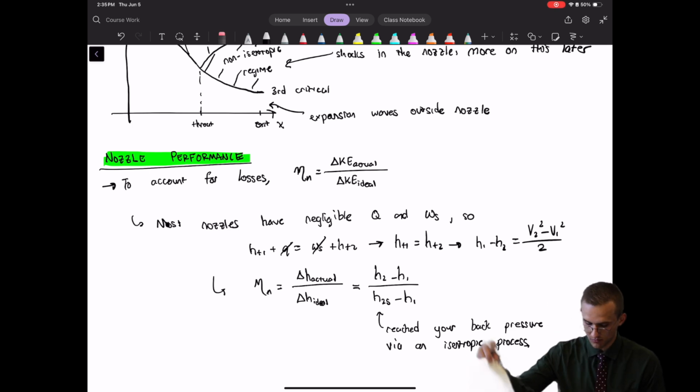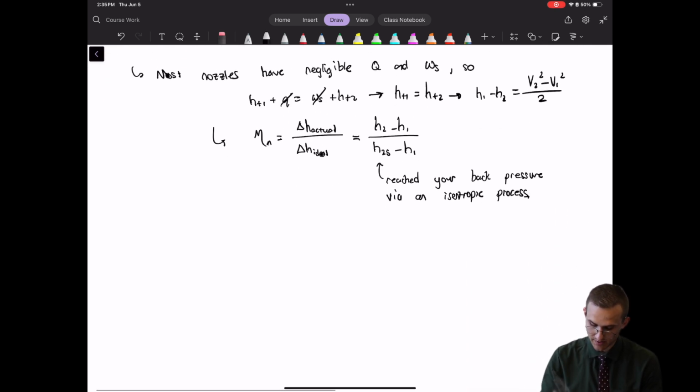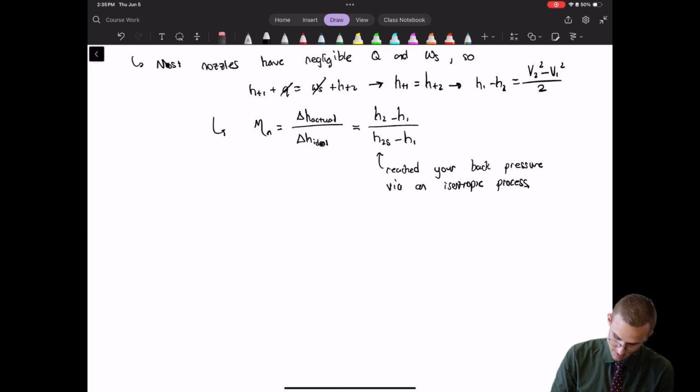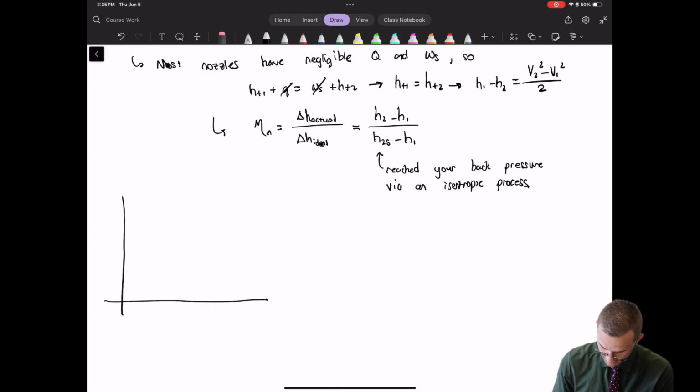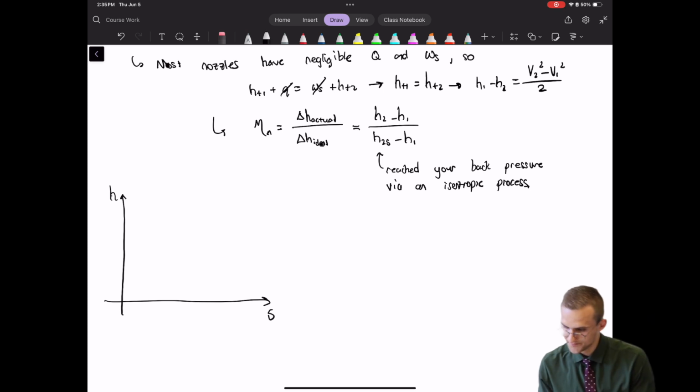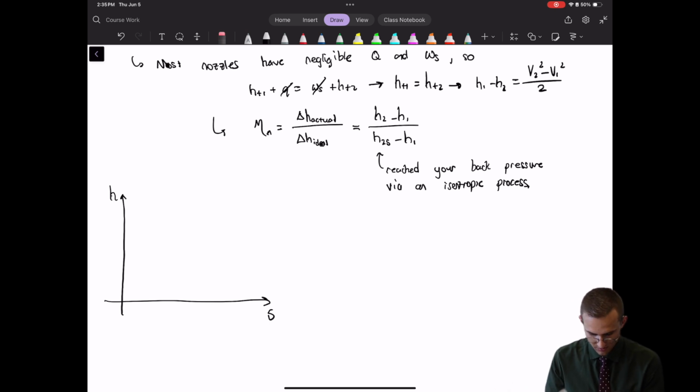Okay, so let's go ahead and draw this in a diagram to give you an idea of what I'm saying here. So let's say we have an HS diagram. Something I should say is that in our context, we're almost always talking about something like a perfect gas.